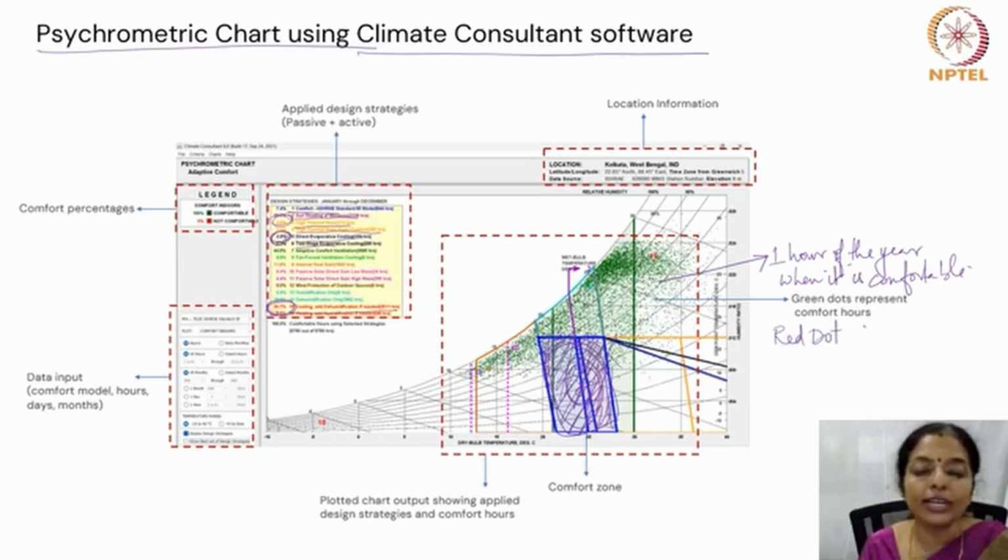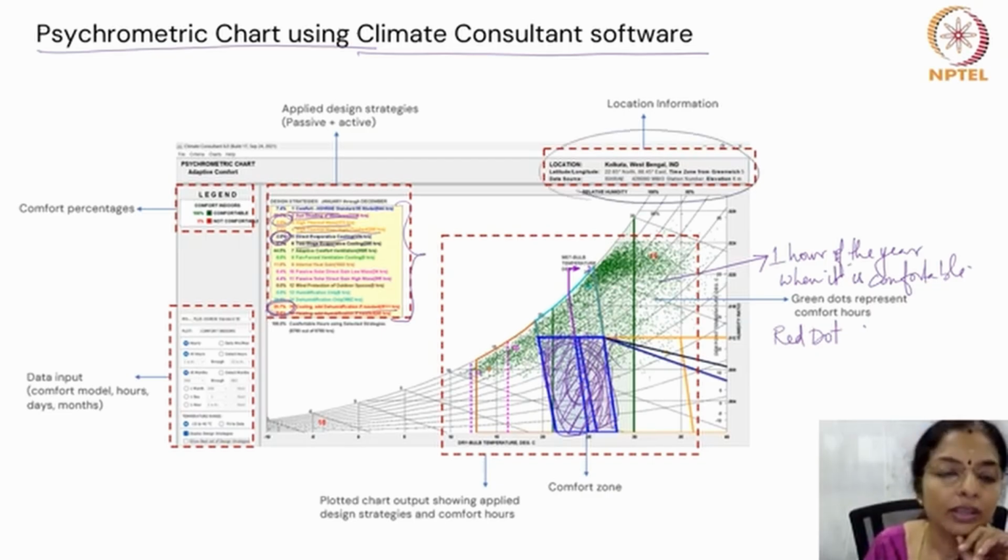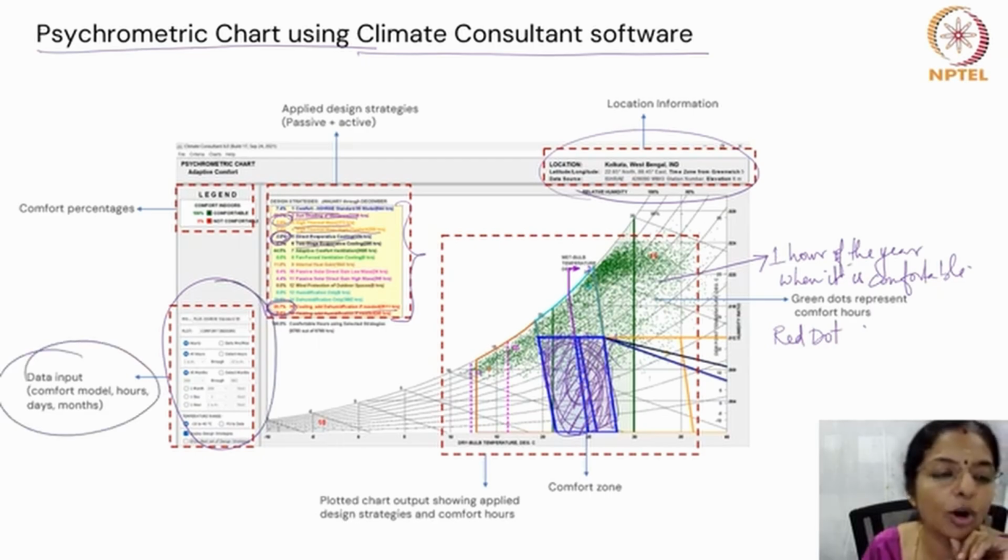So what it basically means is, if we apply all these strategies, then throughout the year, Kolkata will be comfortable for certain conditions. What are these conditions? This data input like comfort model, hours, days, months, etc. All this I will teach when I teach you Climate Consultant.